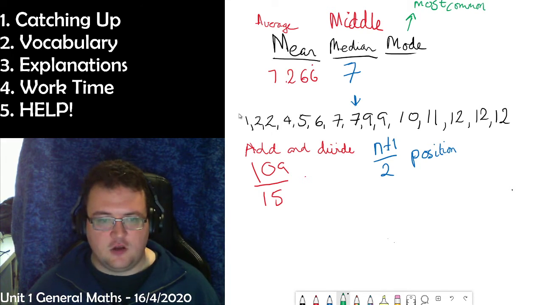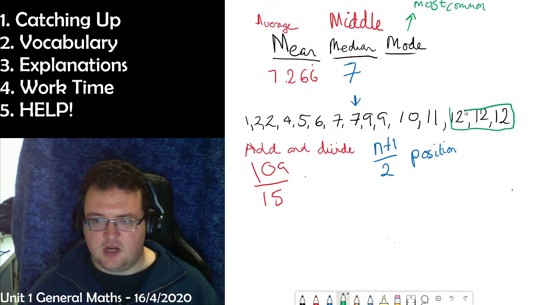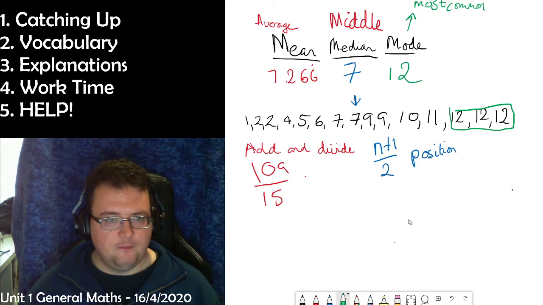Alright, so what we need to do is simply look through here. Which number shows up the most? It is these three numbers here. So we have a mode of 12.